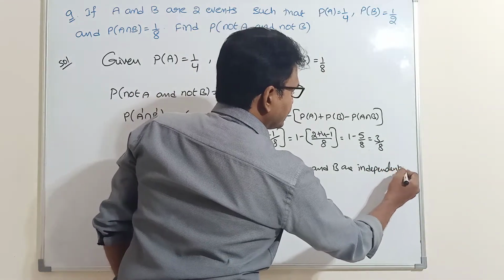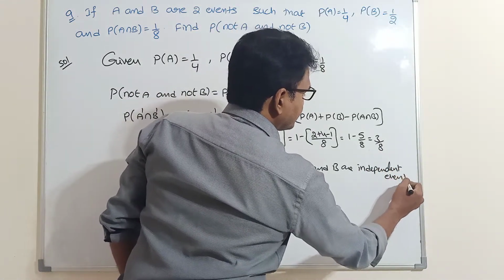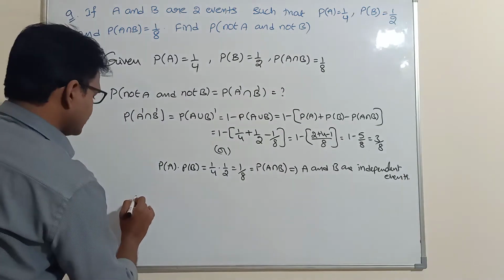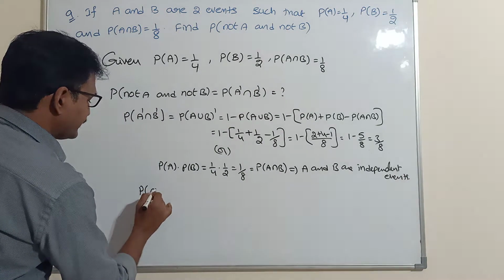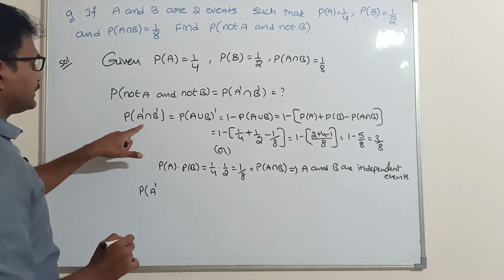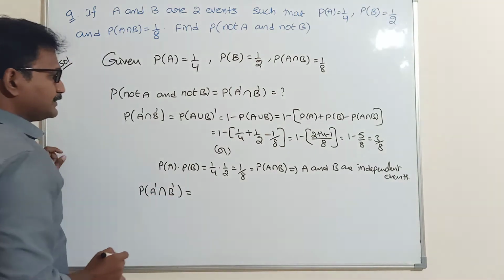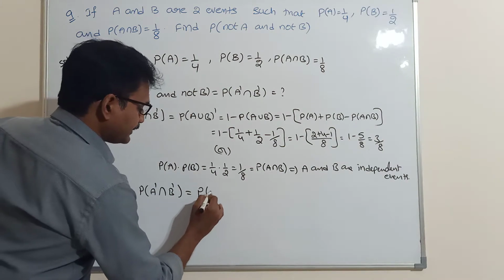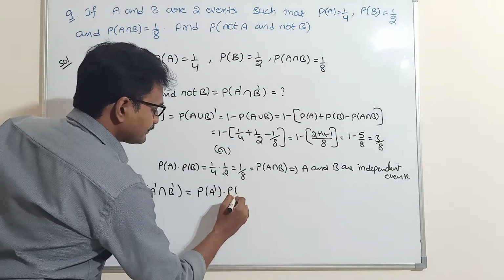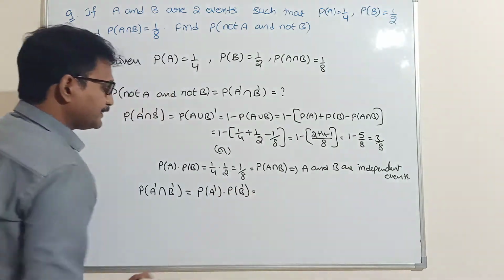If A and B are independent events, then find P of not A and not B. Not A means A dash and B dash is how much? P of A dash into P of B dash.